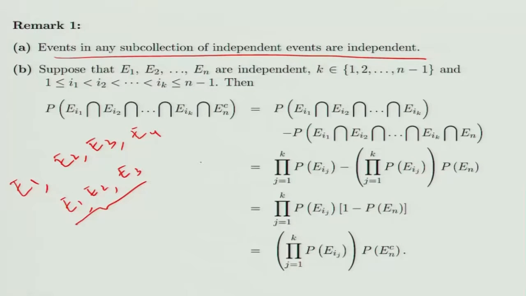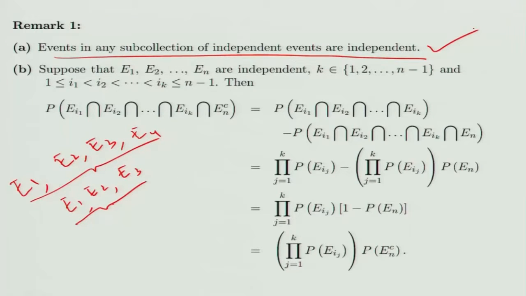For that, probability of joint occurrence should be the same as the product of individual probabilities. But any subcollection of this is also a subcollection of the full collection, and that collection is independent. So probability of joint occurrence would be the same as the product of individual probabilities. So this observation is obvious: any subcollection of independent events is independent.